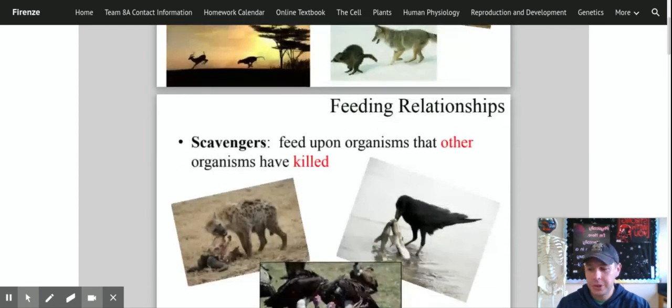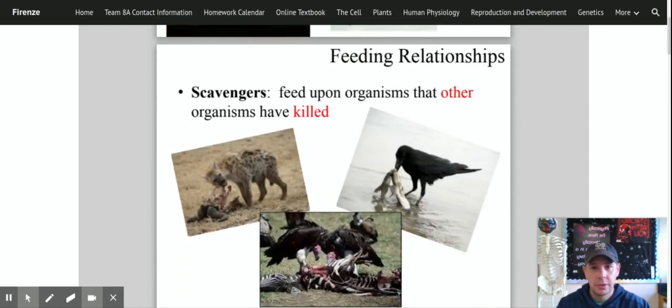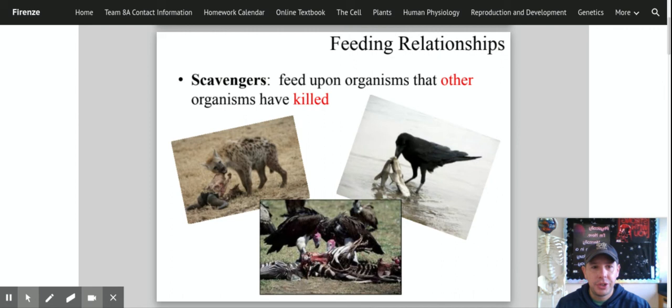We also have something called scavengers. Scavengers are different than decomposers. Scavengers feed upon organisms that other organisms have already killed. So this is not bacteria or fungi that are decomposing an organism. These are just organisms that hang around and wait for the predators who have killed their prey to leave, and then they go get the scraps.